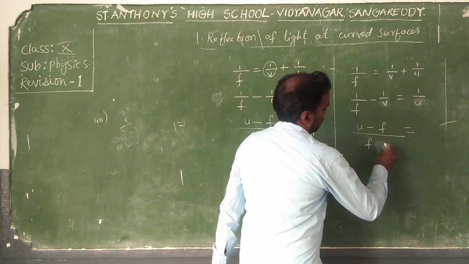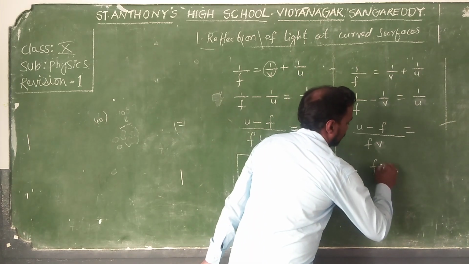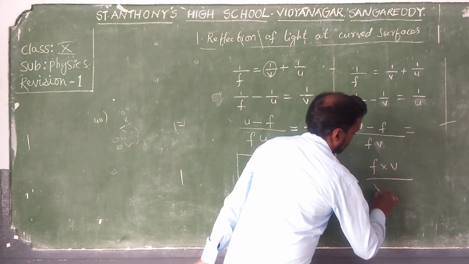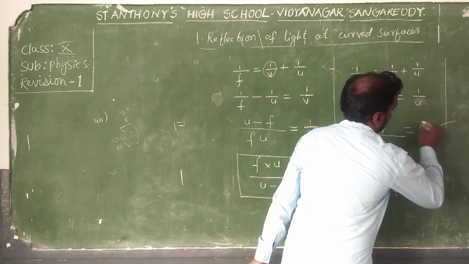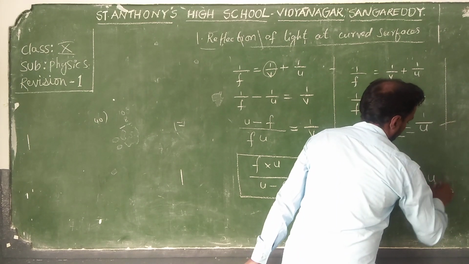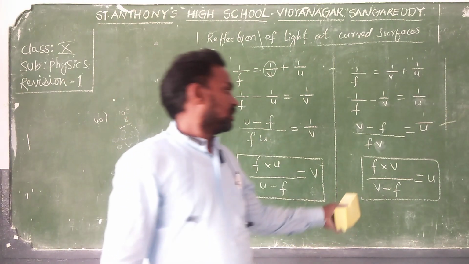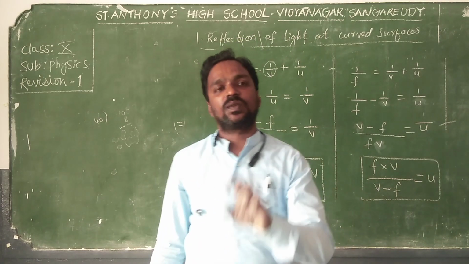Now you get f into v by v minus f is equal to u. This is 1 by u. This is the object distance.